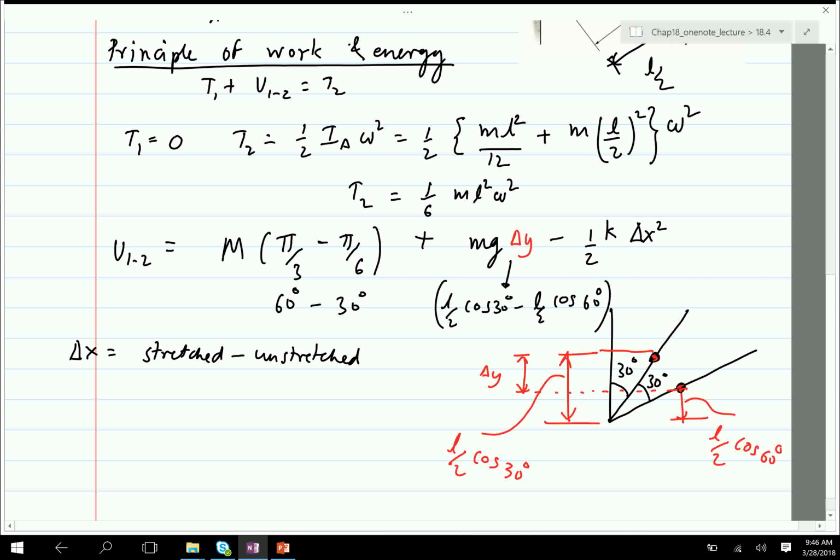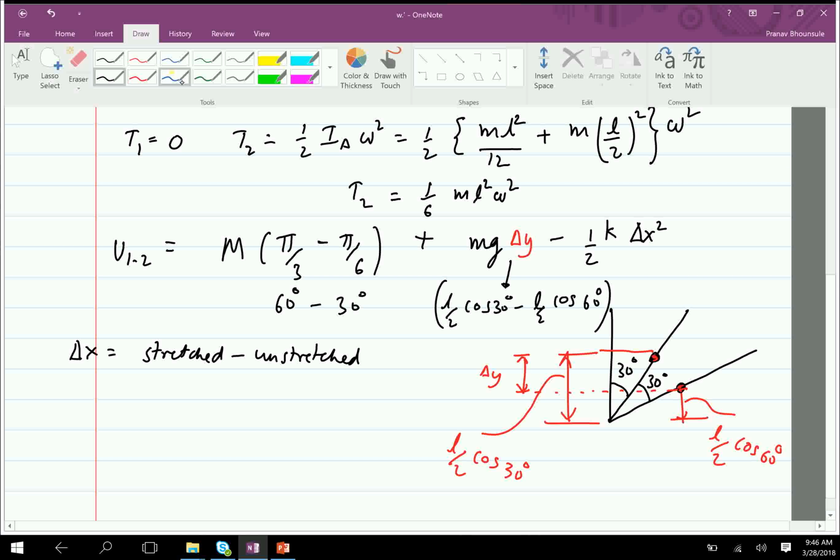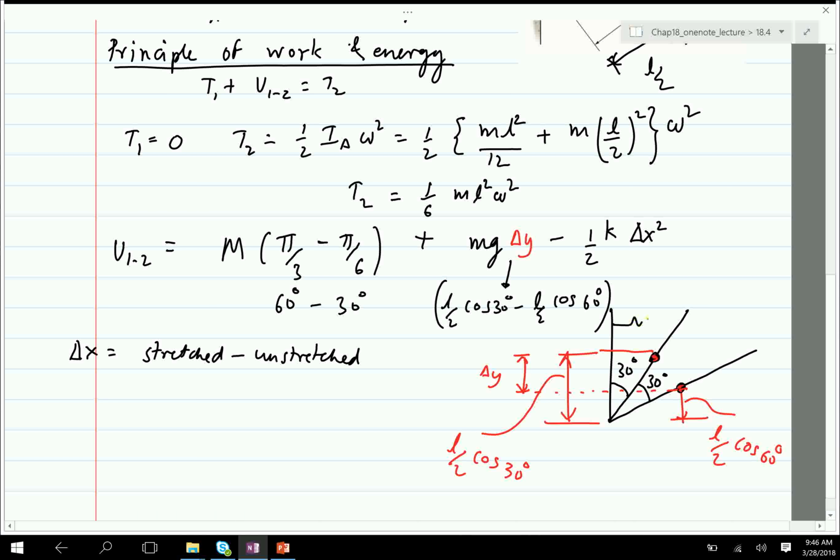Okay, so the spring is unstretched when theta is 30 degrees and it's stretched when theta is 60 degrees. So I need to find the length. Drawing in blue, this is going to be the length when it's unstretched. So let's call this S minus S0.